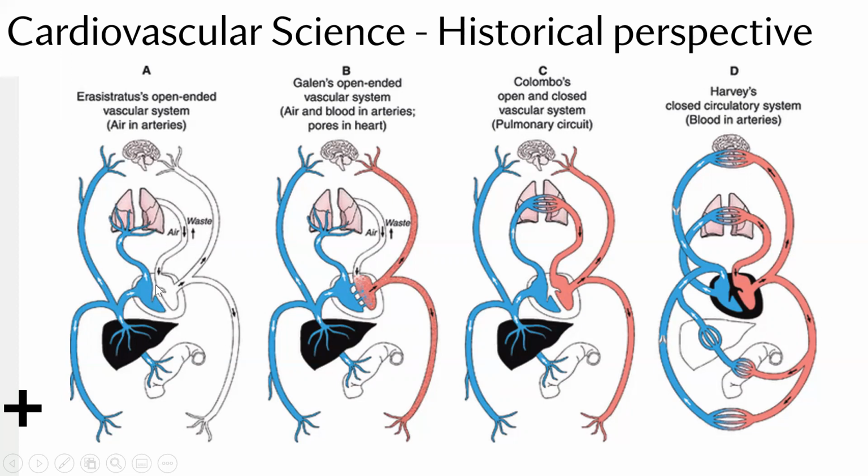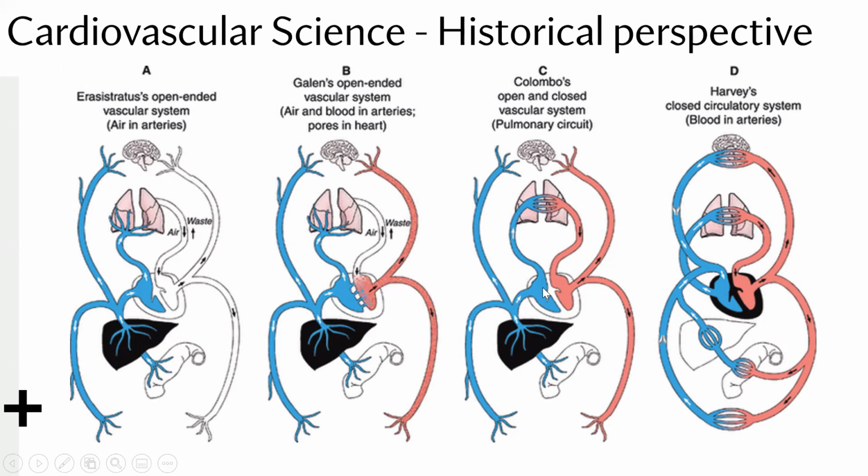The second idea was the perforation, which Galen had. He thought there was a blood with low air, low oxygen, and a blood with high air, high oxygen, and these two were connected with porous perforations in the membrane or the septum, which would allow the exchange of low oxygen and high oxygen blood, or low air and high air blood back then.